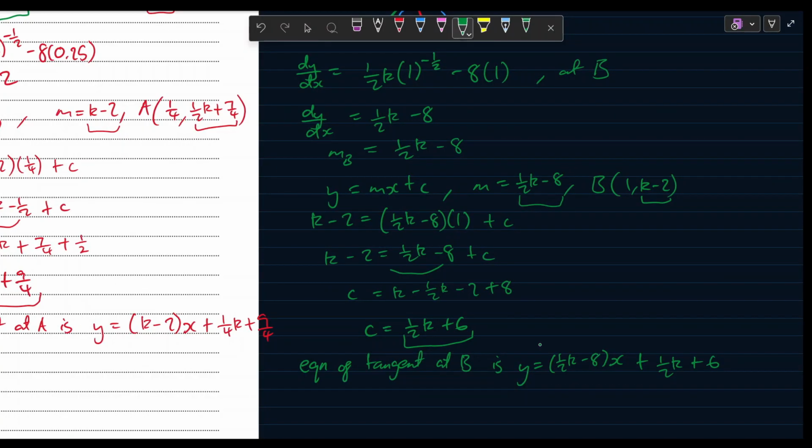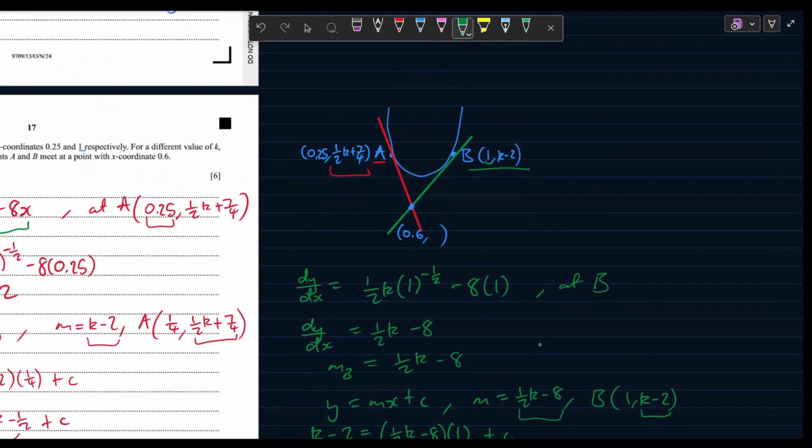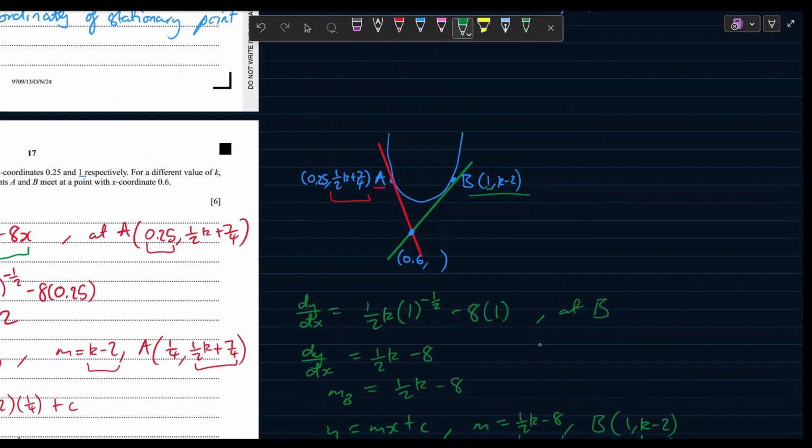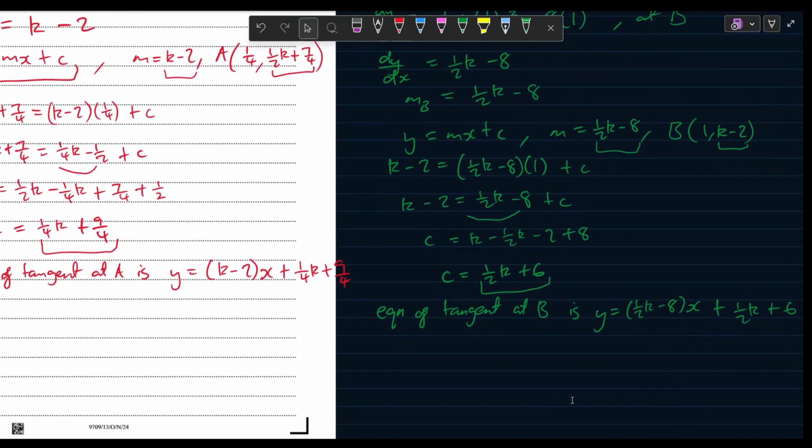Okay, all right. So going back to our diagram, we want to find the point of intersection of these two tangents, and we know that at that point of intersection, x is 0.6. So let's solve our two tangents simultaneously, and once we've simplified them, we substitute x with 0.6 because the point of intersection has an x coordinate of 0.6.